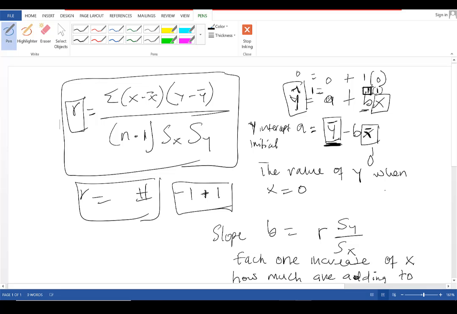In this case, right here, how much are we adding with each additional increase of calls?